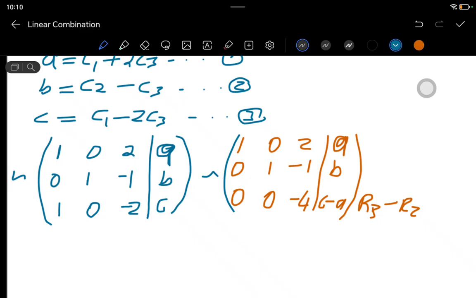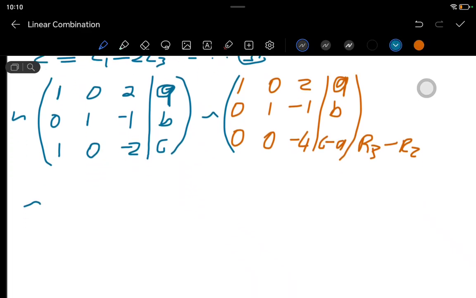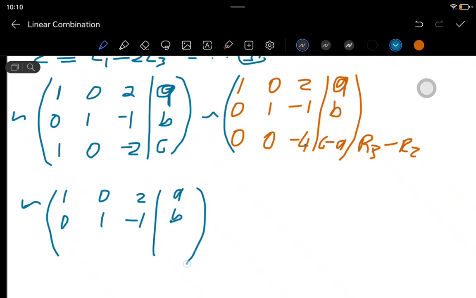And then from here, we now have 0. We need to change that to a leading 1 at the end. Then this will just be B. Then here we're going to have 0, 0, 1. Then this is going to be C minus A over minus 4.